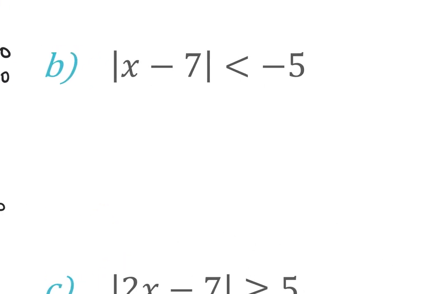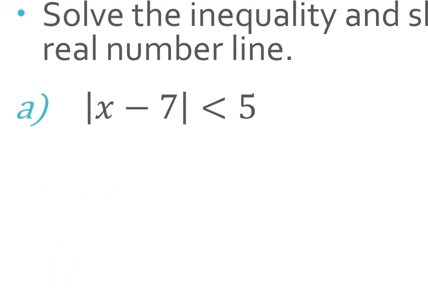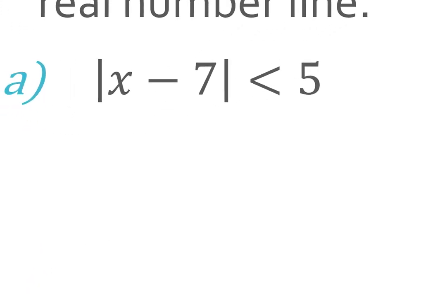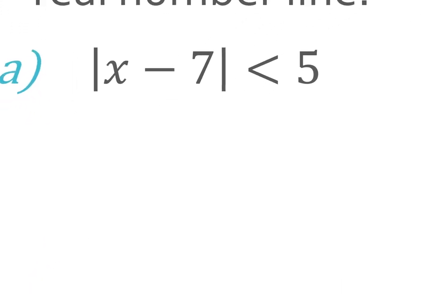All right, so look at A. The directions say solve the inequality, sketch the solution on the number line. So the first thing you want to do is read that out in your head. This is a what statement? This is an and, right? Because it's less than. So I go negative 5 is less than x minus 7, which is less than 5.